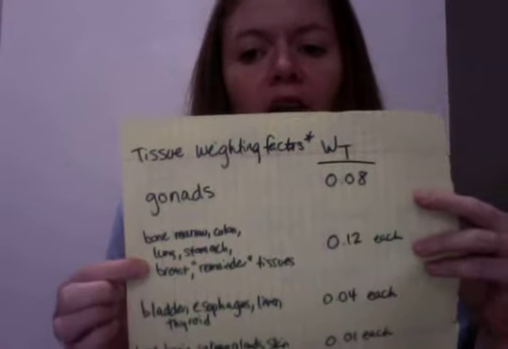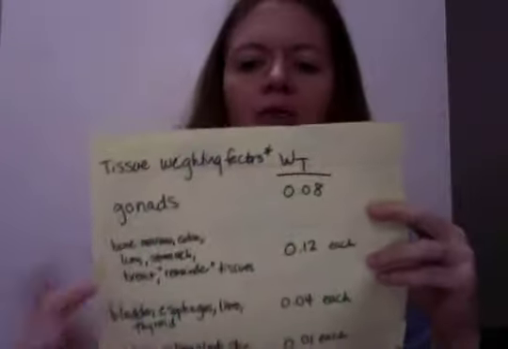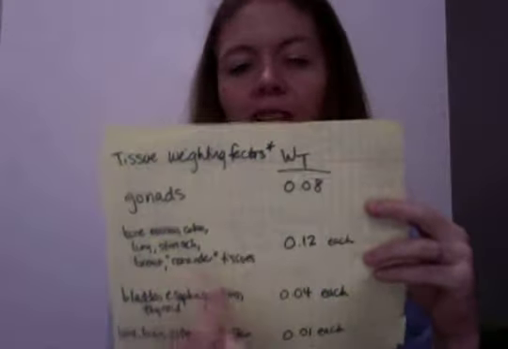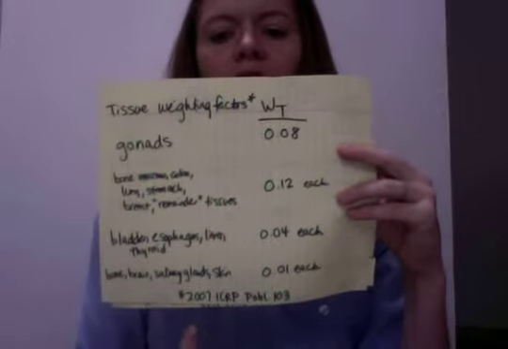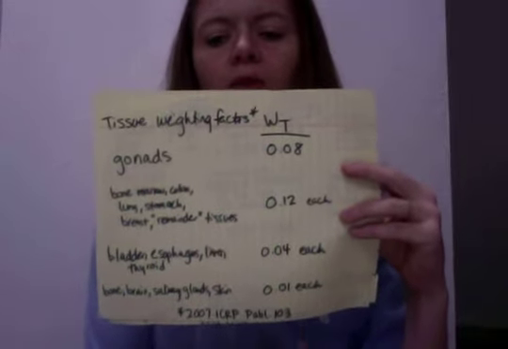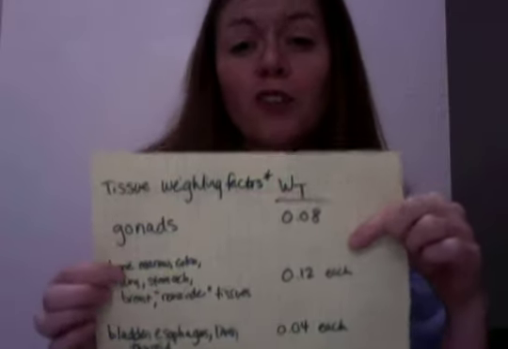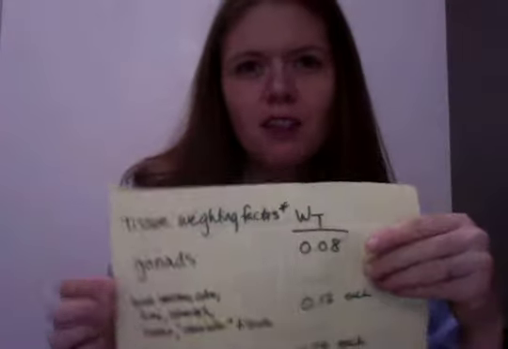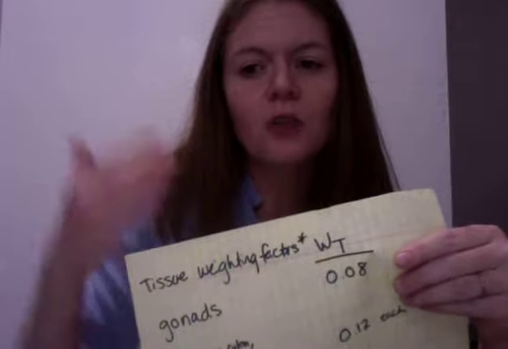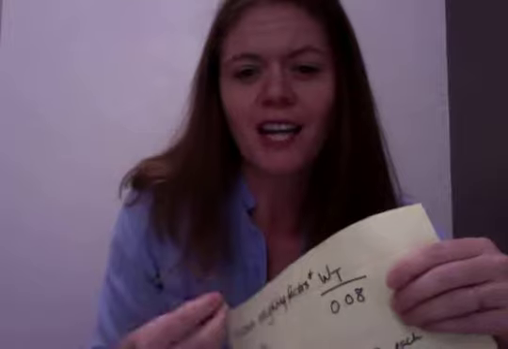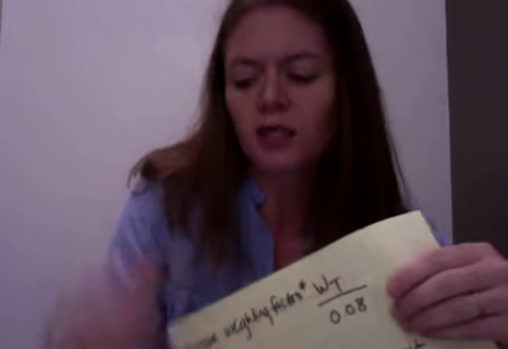Your bone marrow, your colon, your lungs, stomach, breast, and remainder tissues. Remainder is specifically spelled out in this ICRP document down here, publication 103. These are 12% or 0.12 each. This is because those organs are very sensitive to cancer and they regenerate a lot. So anything in your GI tract is making new cells very often.